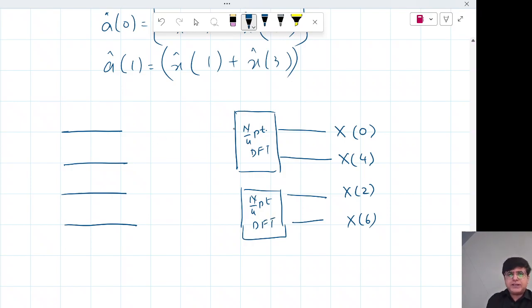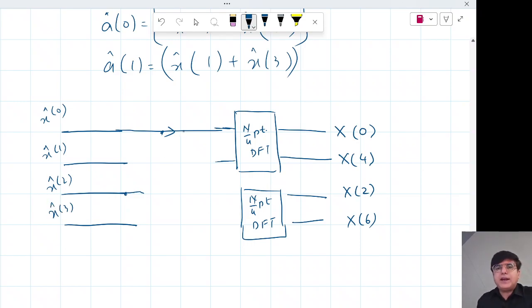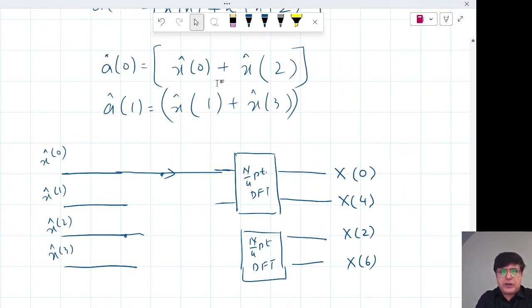So first I need to get the sequence a hat of n. So I need to combine this guy with the one over here. So this is x hat of 0, x hat of 1, x hat of 2, x hat of 3. To get a hat of 0, I need to have x hat of 0 plus x hat of 2, which is this guy.